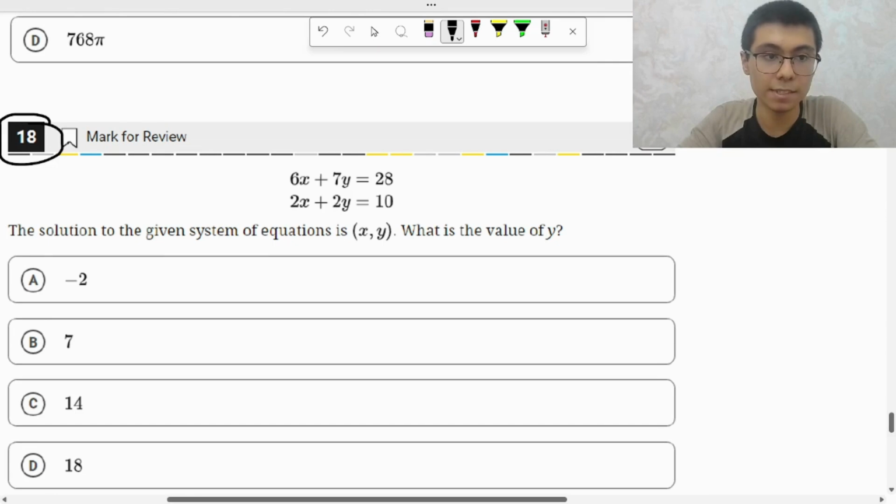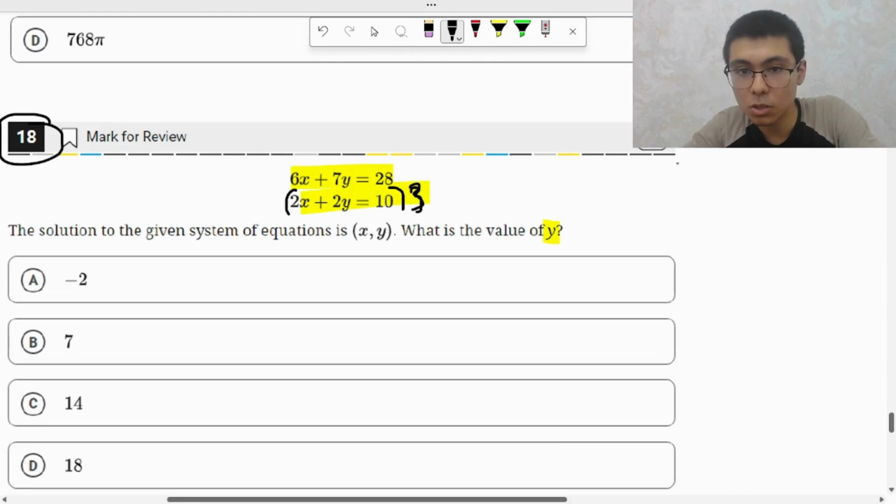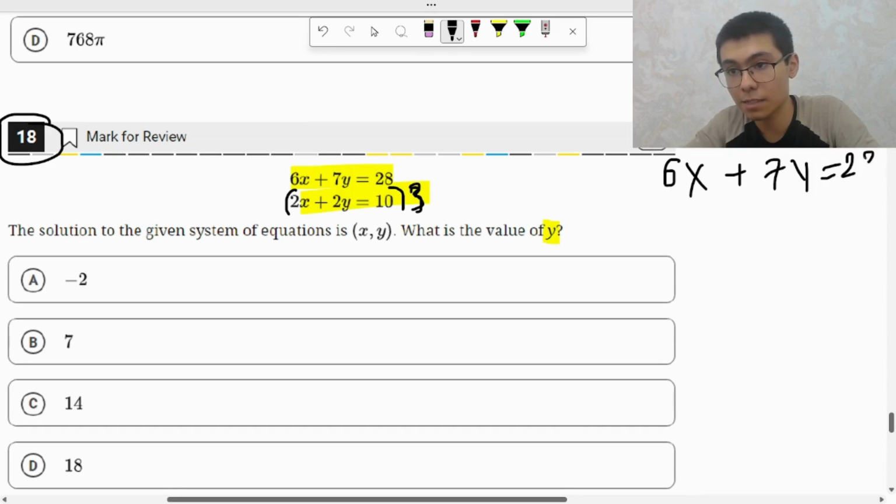Question number 18. Here we have two equations. We ask for the value of y. Looking at this, what I can do is multiply the second equation by 3. Okay. I'm going to rewrite the first equation: 6x plus 7y equals 28.